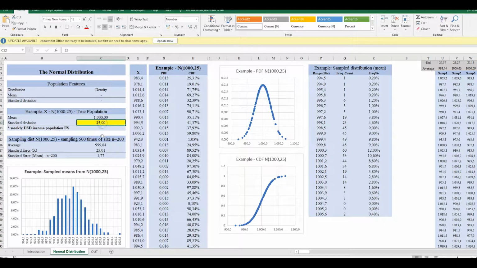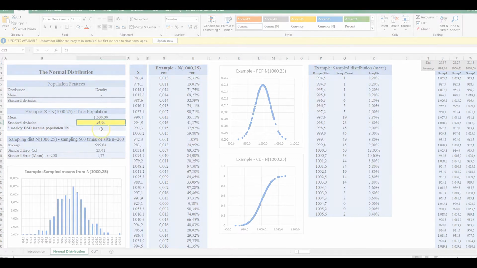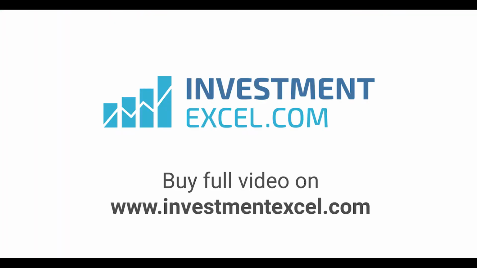And as I have 25 as the standard deviation, it is $50 in each direction from the mean. So 950 and 1050. So this interval here is a 95% confidence interval. 95% of all incomes, all registered incomes in the population, is within 950 and 1050.